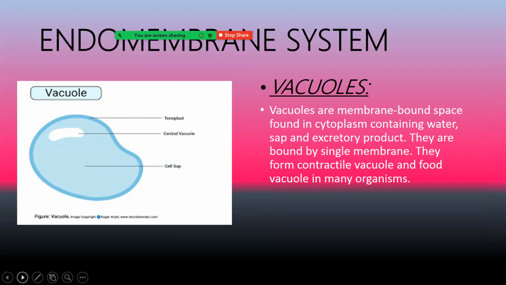In amoeba, you have studied that there are 2 types of vacuole, contractile vacuole and food vacuole. You find vacuoles in other organisms also. In plants, the number of vacuoles is less but they are bigger in size, but in animals, the number of vacuoles is more but they are smaller in size.